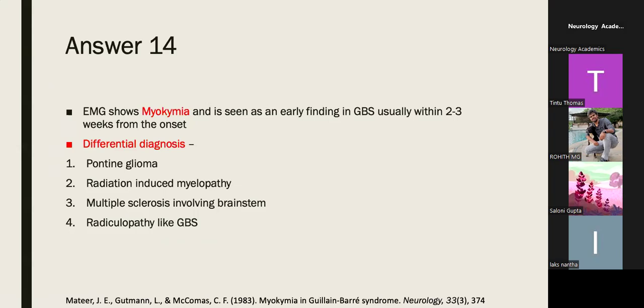Other differential diagnoses, in a case with facial myokymia, would be pontine glioma and multiple sclerosis involving the brainstem. It can be seen in GBS, radiculopathy, and radiation-induced plexopathy. It is seen in radiation-induced myelopathy as well. Generally, EMG should be normal in the first few days of any acute disease, but myokymia can be present earlier.